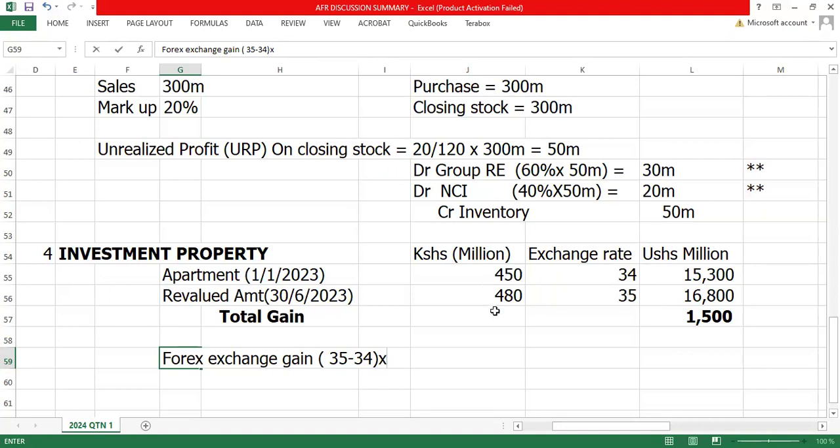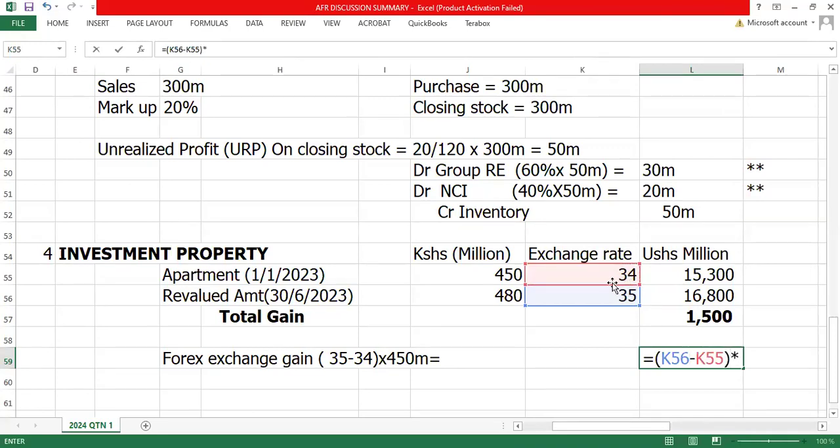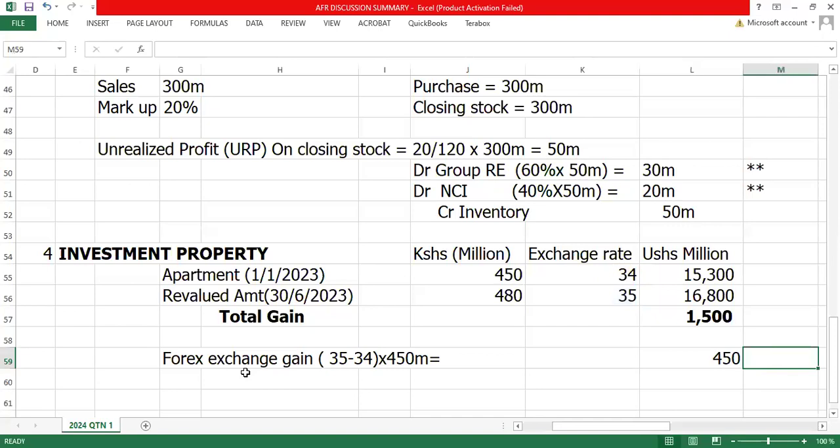When you're getting the forex exchange gain, you just base on the original cost, 450 million. So it will be 35 minus 34, then the answer multiplied by 450. That is an exchange gain, which must be recognized as well.